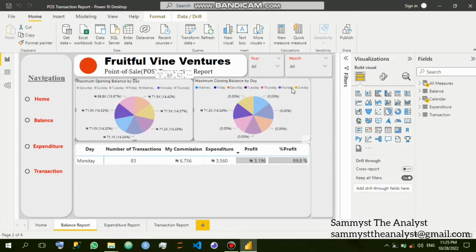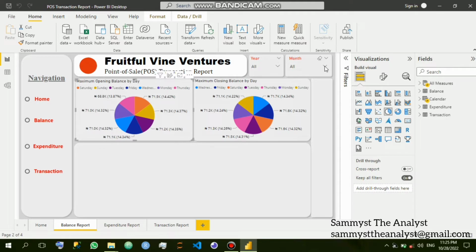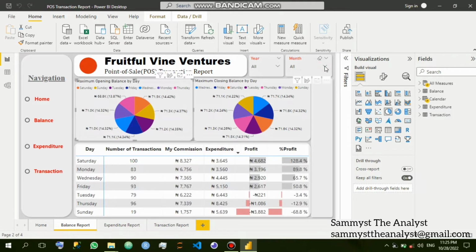Now let's say I want to look at this transaction by months. Let's say I want to check how the transactions were during December time. How was it like during December? So I simply click on the months slider here, and then I scroll down to the month of December, and I click on December.